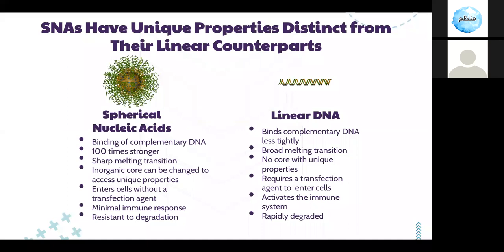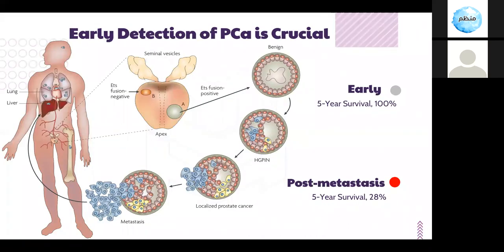Now, I'm just going to use one cancer type as an example, so we all understand the platform. This is prostate cancer, abbreviated as PCa. Prostate cancer is considered the second leading cause of cancer in men.